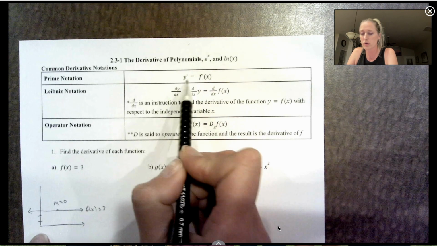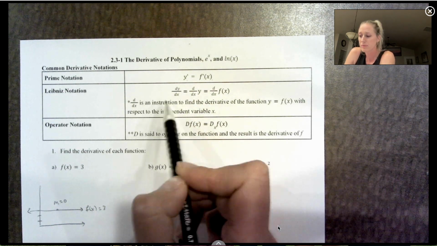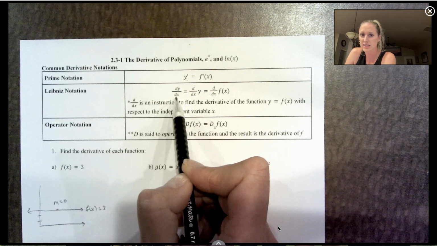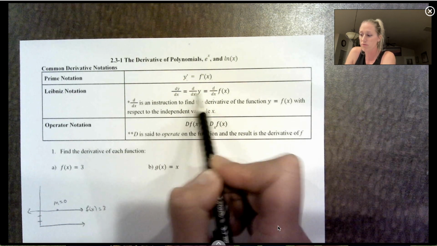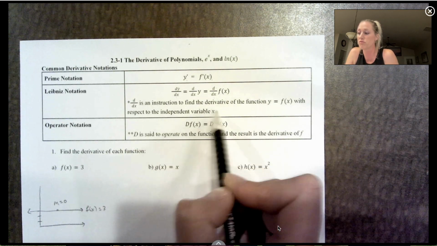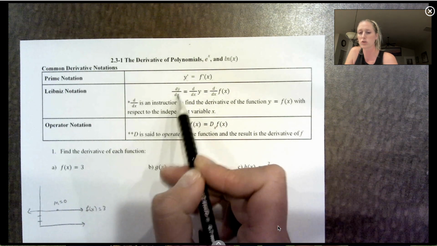So you guys have seen the prime notation a little bit here, y prime or f prime of x. You're also going to see a decent amount of Leibniz notation, which can be seen a variety of ways. So dy dx or d dx of y, d dx of f of x. So this is an instruction to find the derivative of this function, and it tells us with respect to which variable.